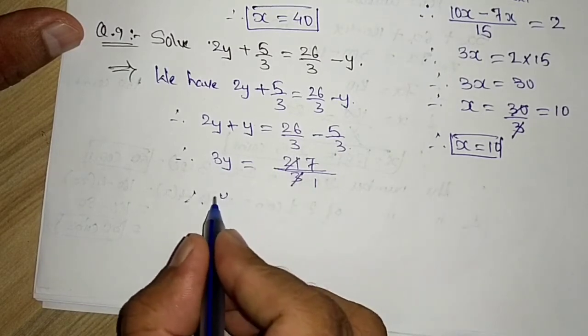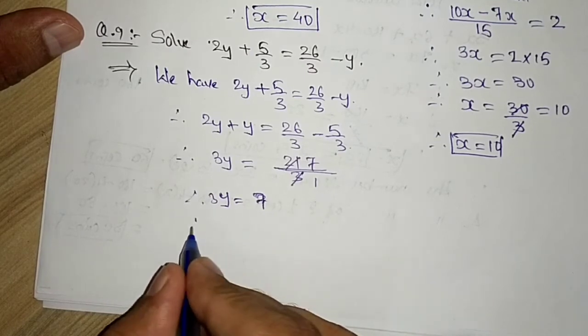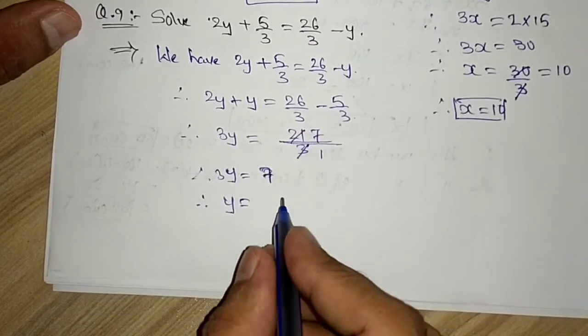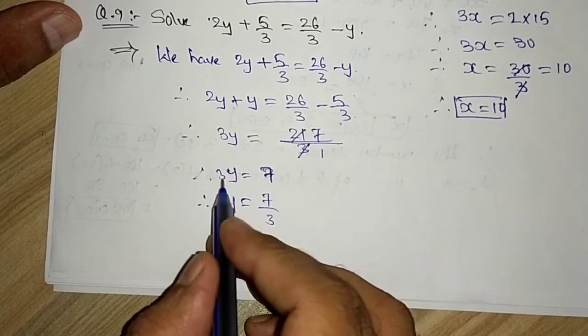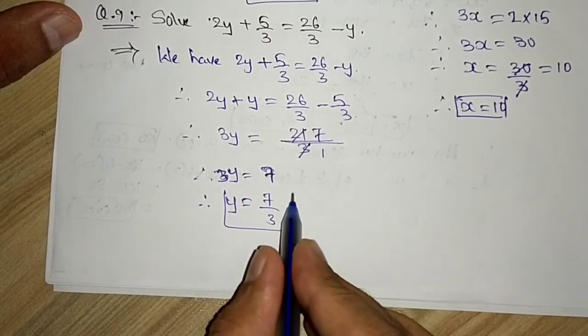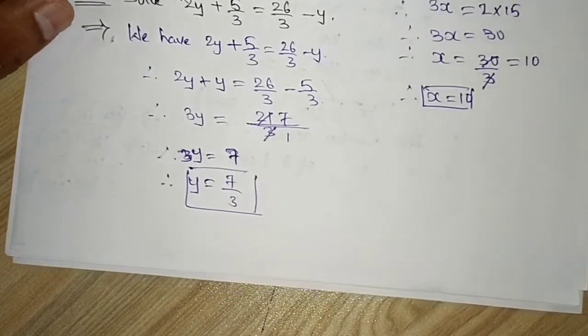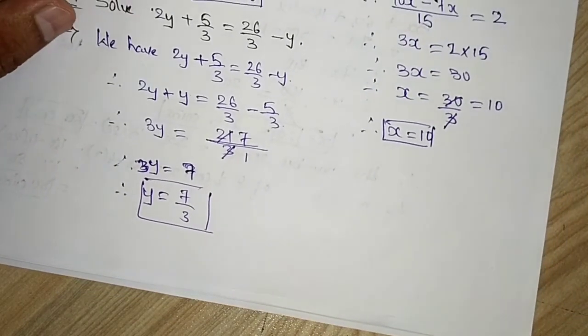Therefore 3y is equal to 7, and therefore y is equal to 7 divided by 3, because this 3 which is in multiplication will go that side and divide. So your answer is y is equal to 7 by 3.